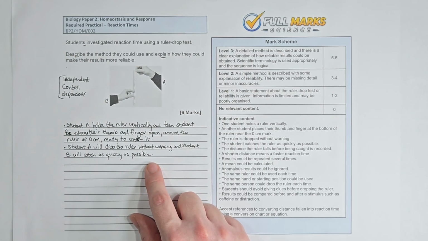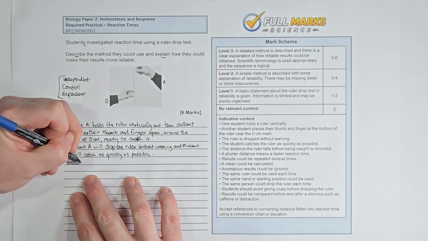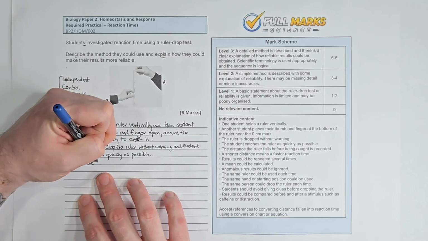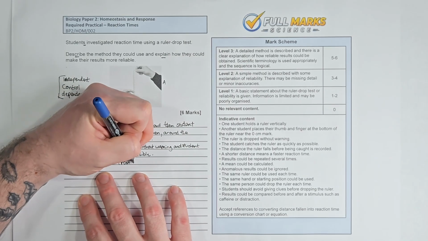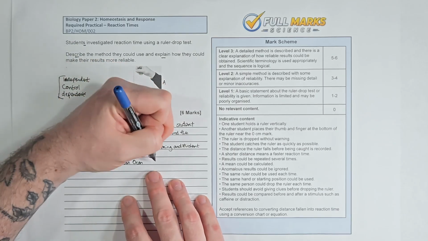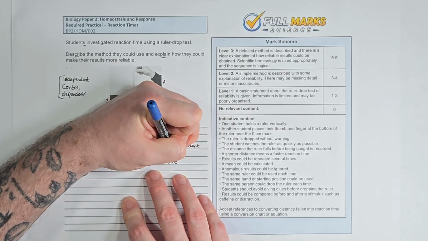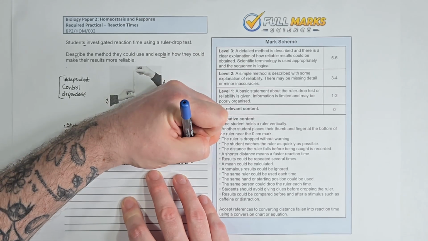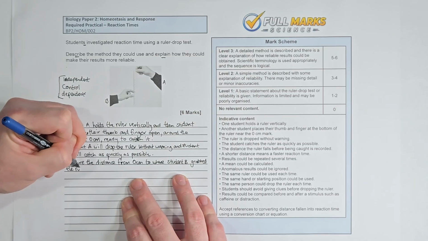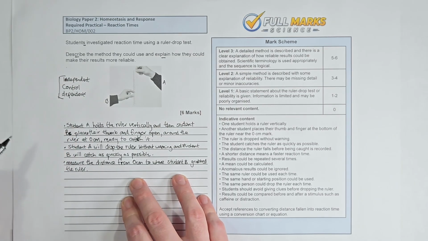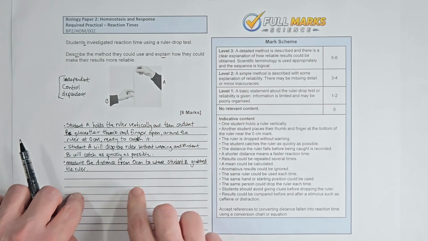So what we'll do now is measure the distance from 0 centimeters, because that is where they were holding it before, to where student B, just naming him again, grabbed the ruler. So measure the distance from 0 centimeters to where student B grabbed the ruler.